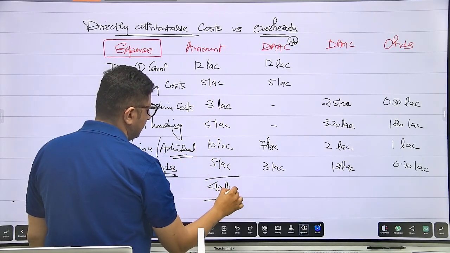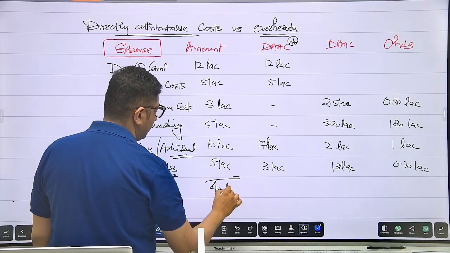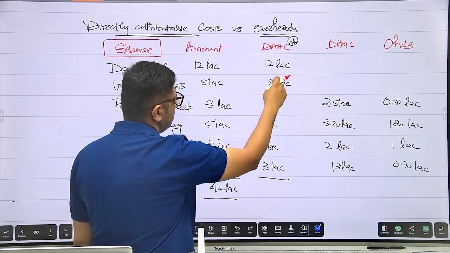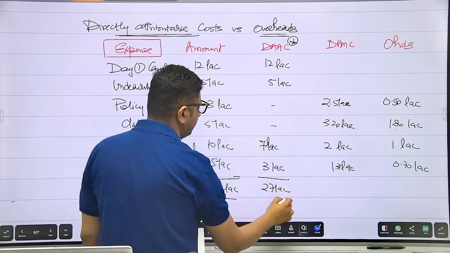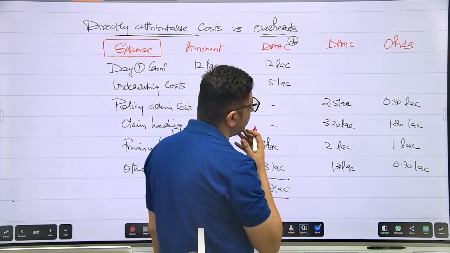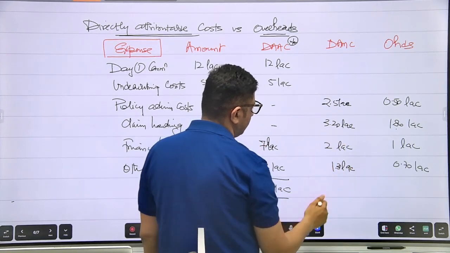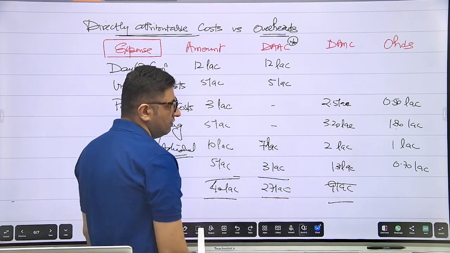So this 40 lakh is basically spread out between DAAC, that amounts to 27 lakh. The DAMC, which is 2.5 and 3.2 lakh... that comes to 9 lakh. And the balance has to be 4 lakhs only.